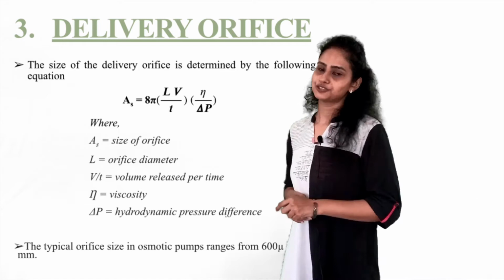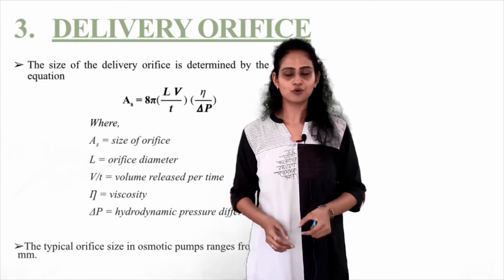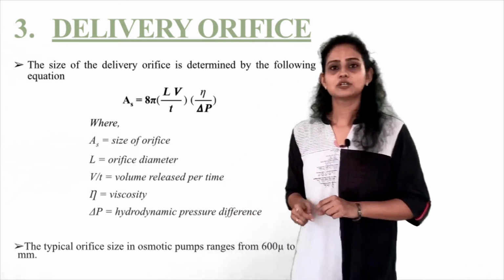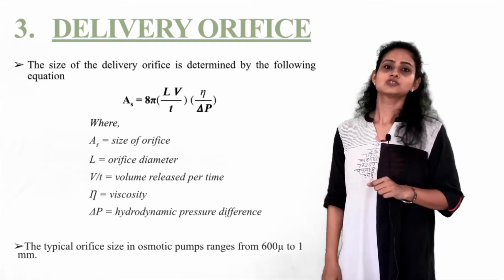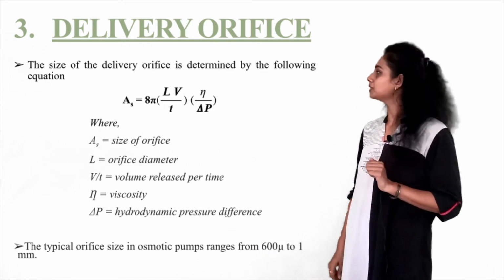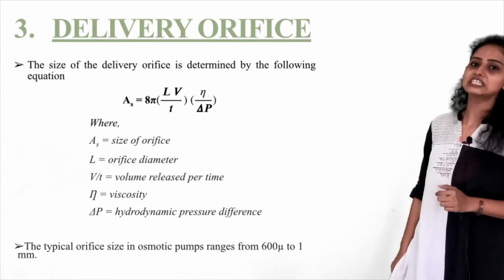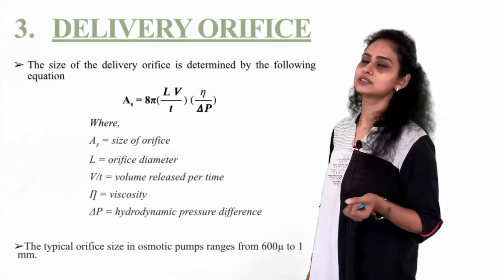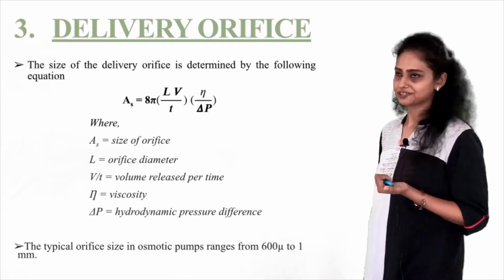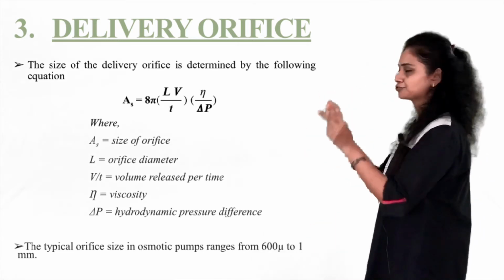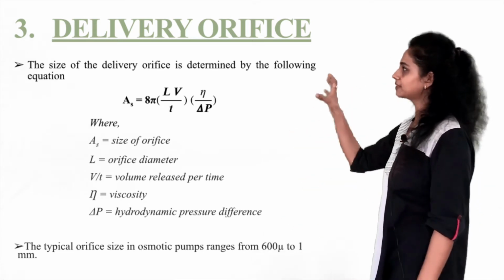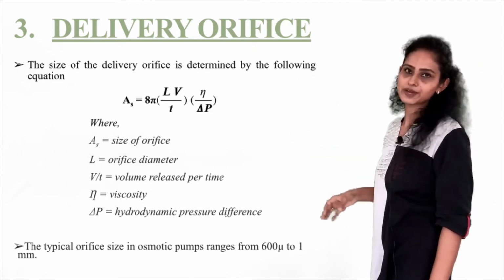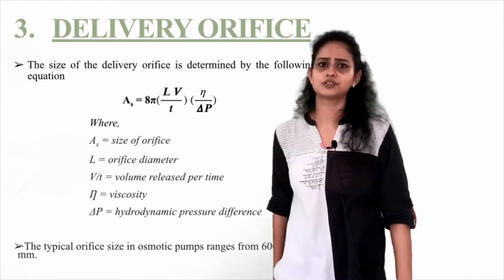In this equation, A is the size of the orifice, L is the orifice diameter, V/T is the volume released per time, η is the viscosity, and ΔP is the hydrodynamic pressure difference. So if I know all these parameters, then I can decide the size of the delivery orifice.